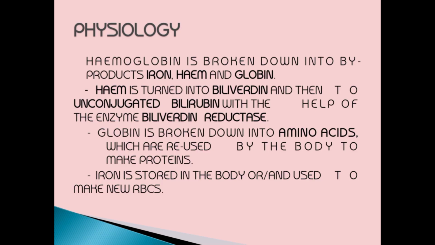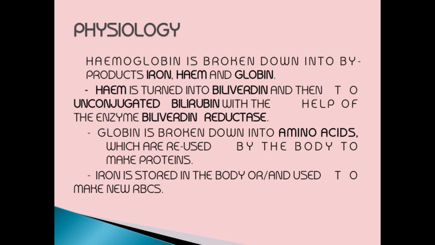So you need to understand the breakdown of hemoglobin: there are three components released, iron, heme, and globin. The globin is broken down into amino acids, which are then used by the body to make proteins. Iron is stored in the body or used to form new RBCs.